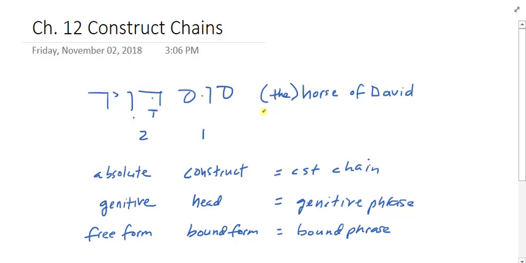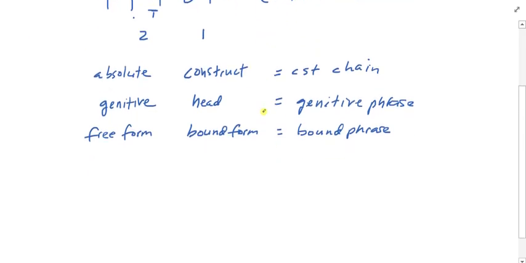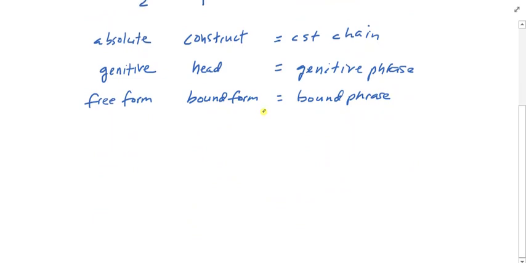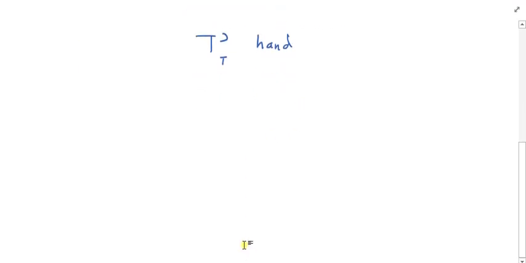All right? So let me give you another example of a construct chain. Let's take the word yad. Okay? What is a yad? Who remembers this word? We first saw it in chapter 7, I think. A yad is a hand. Remember that? So when we talked about the dual, we add ayim to a word to mean two of something.